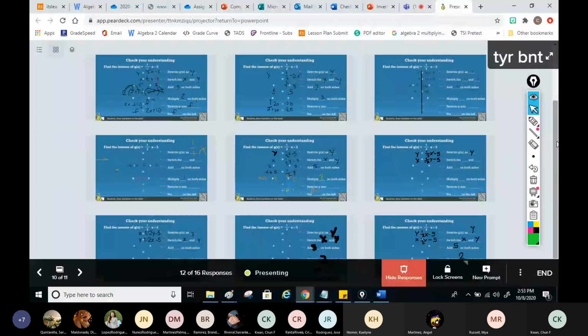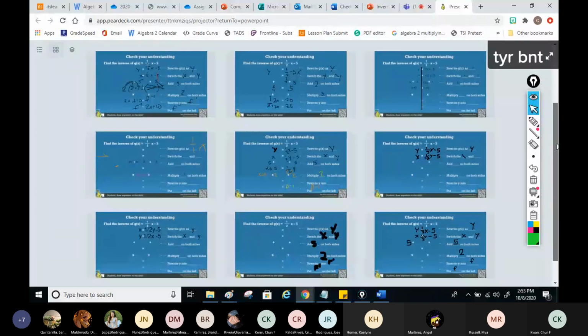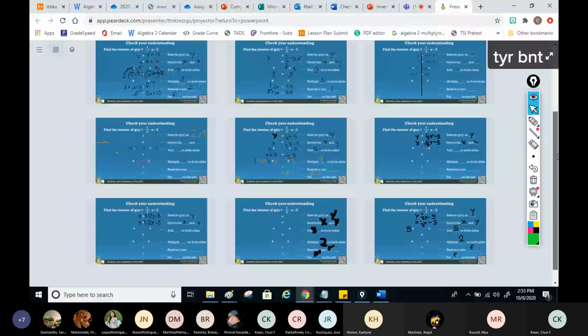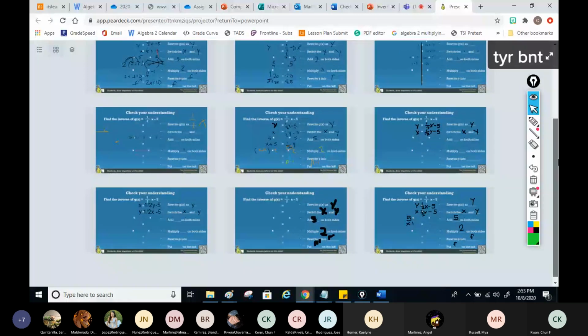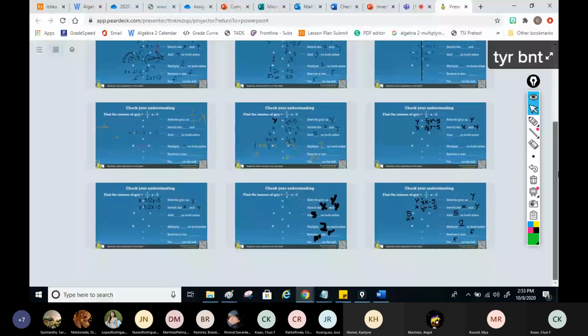So you can get rid of the 1/2 by times 2. Yes, I see some of you guys got it. Multiply by 2 on both sides. Make sure you use parenthesis on the left.